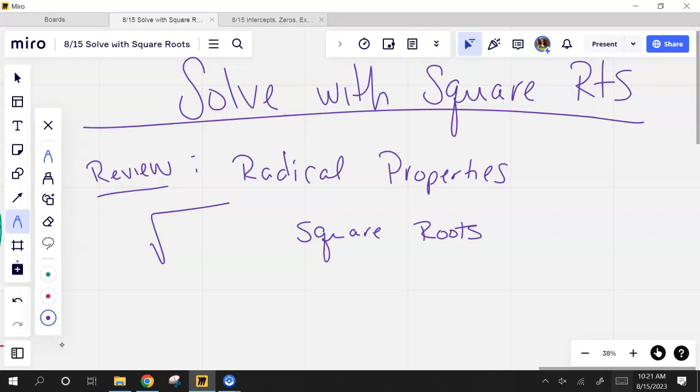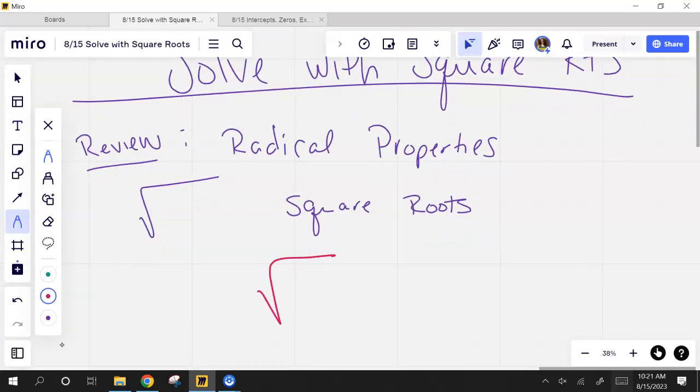Divides by itself. Maybe I should ask this a different way. What's the opposite of a square root? A squared, right? A squared is the opposite of a square root. In fact, would you agree with me if I told you that a square root and a squared exponent actually cancel each other out? They're doing the completely opposite thing, right?